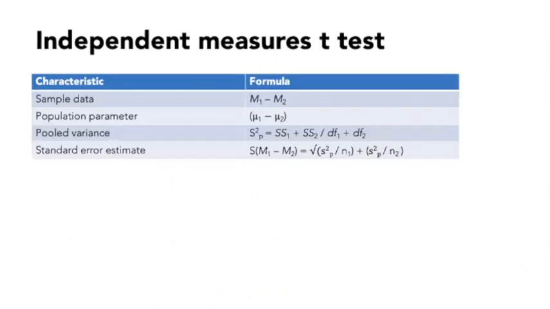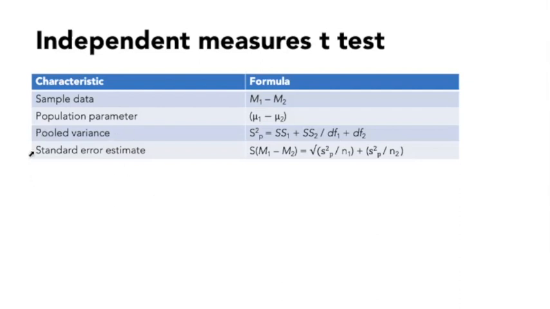These are your calculations. First, you have to get the sample data M1 minus M2. Then the population parameter mu1 minus mu2. Pooled variance is sum of squares of the first group plus sum of squares of the second group divided by degrees of freedom of the first group plus degrees of freedom of the second group.